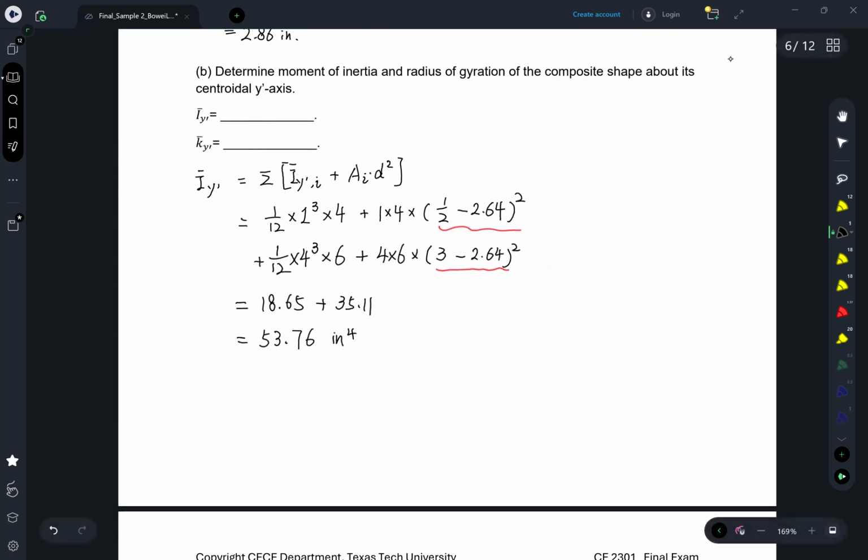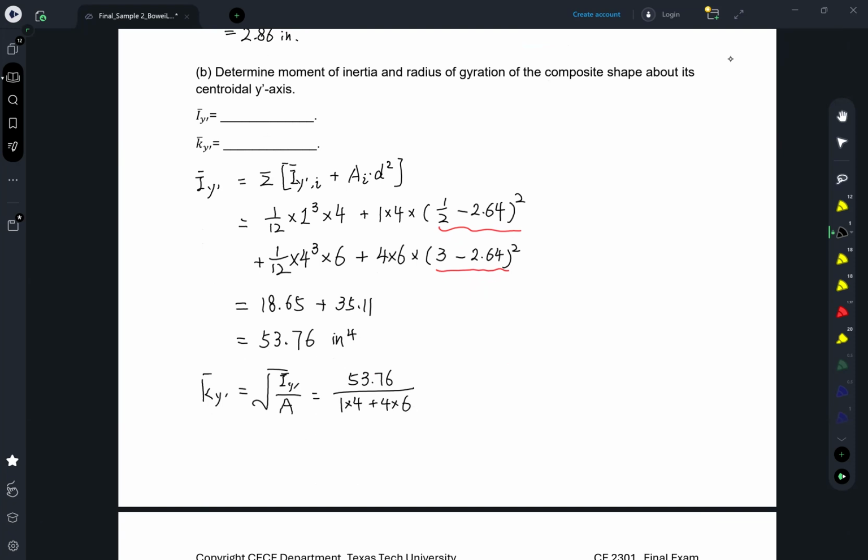Now the radius of gyration is the square root of I divided by area. For I we already have it here. And the area is the summation of the two rectangles, right?